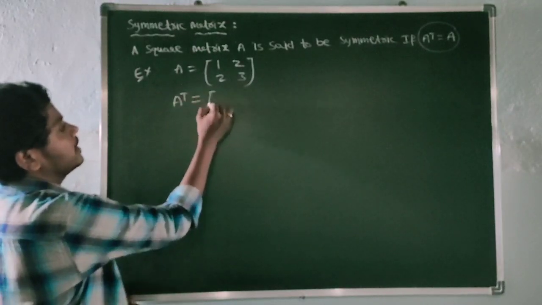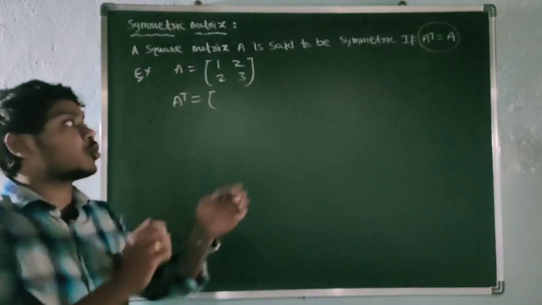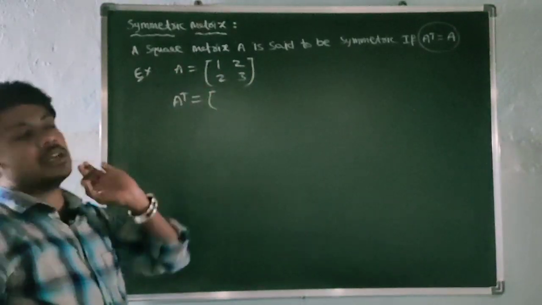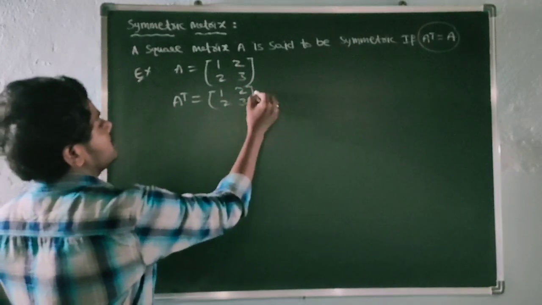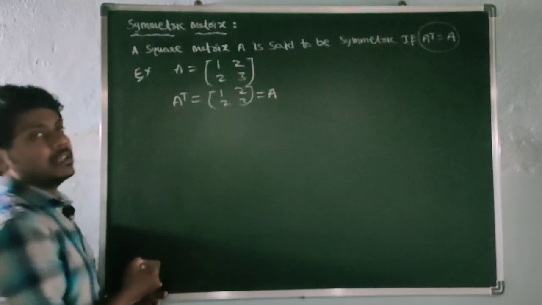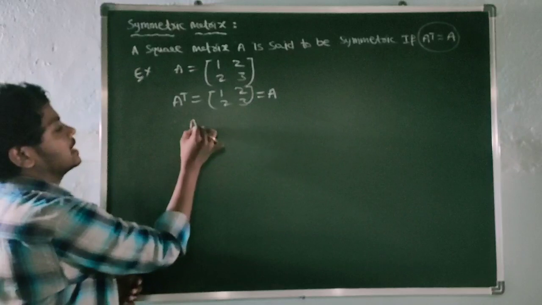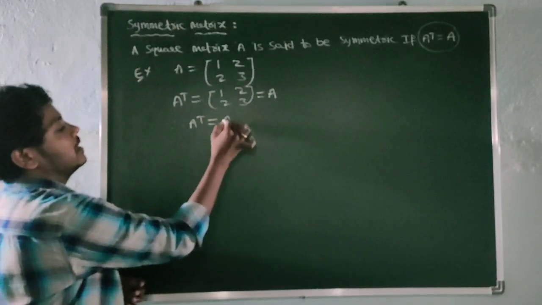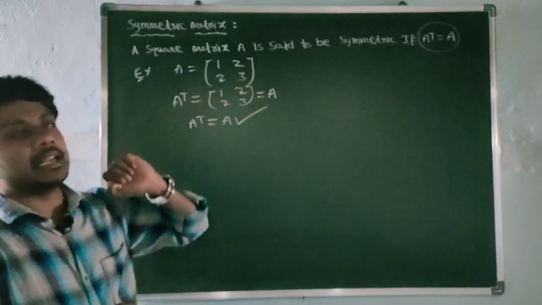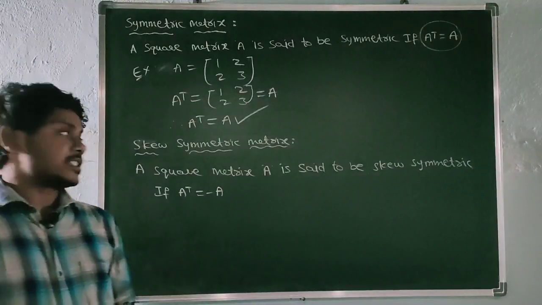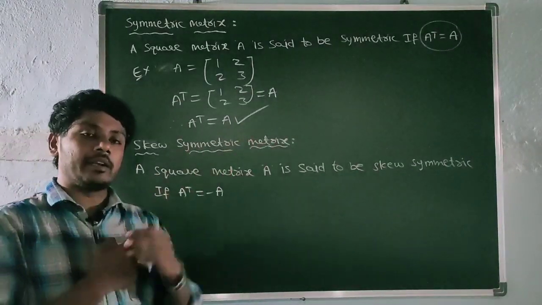Interchanging the rows and columns of matrix A, that is 1, 2, 2, 3. So again you will get A. Therefore A transpose is equal to A, so this matrix is called a symmetric matrix.